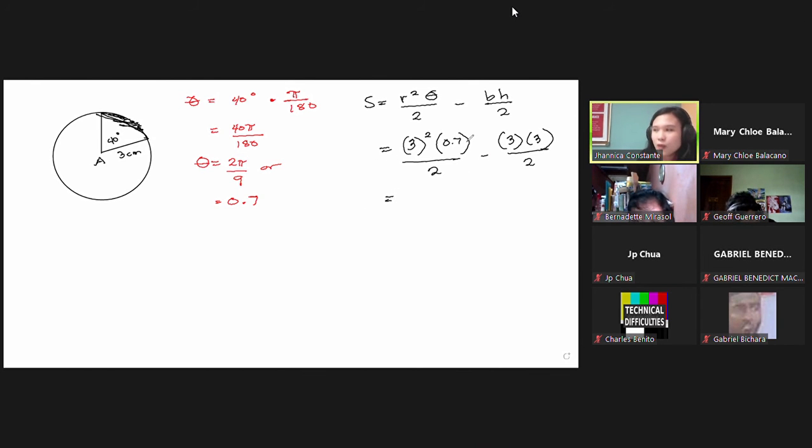So 3 squared is equal to 9 multiplied by 0.7, divided by 2 minus 3 times 3, which is 9 divided by 2. So 9 times 0.7 is equal to 6.3.